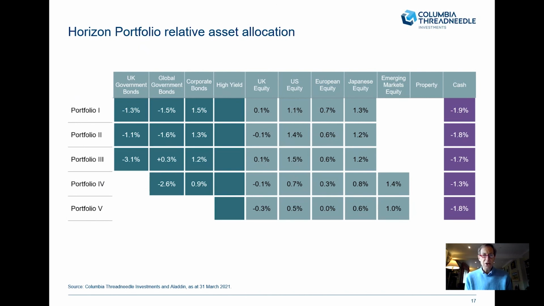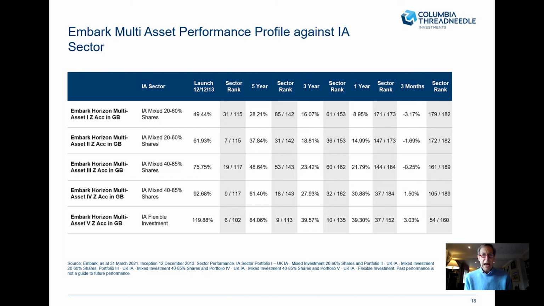And finally, to look at performance. And if we look at long-term performance, on the left-hand side, very strong performance from all 5 funds. If we look over on the right-hand side, we have to say performance is less strong.